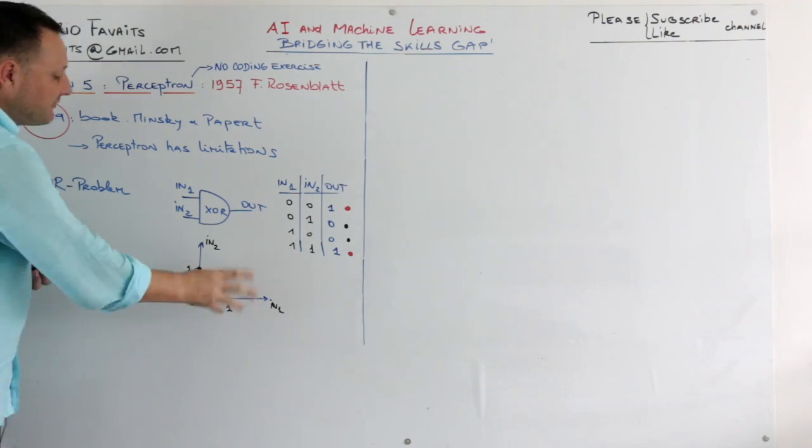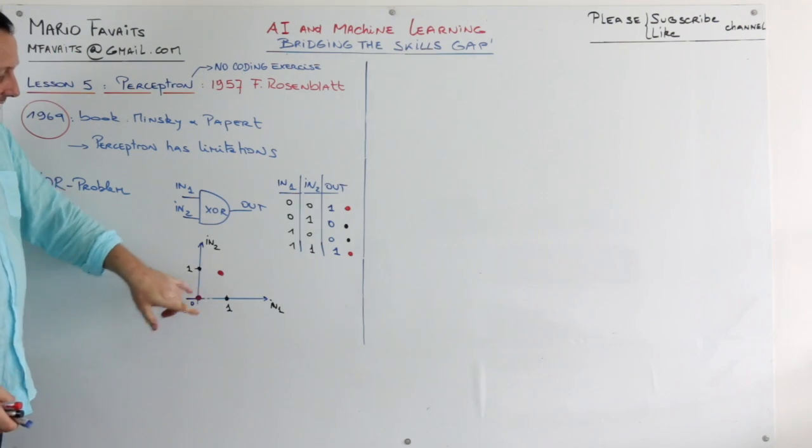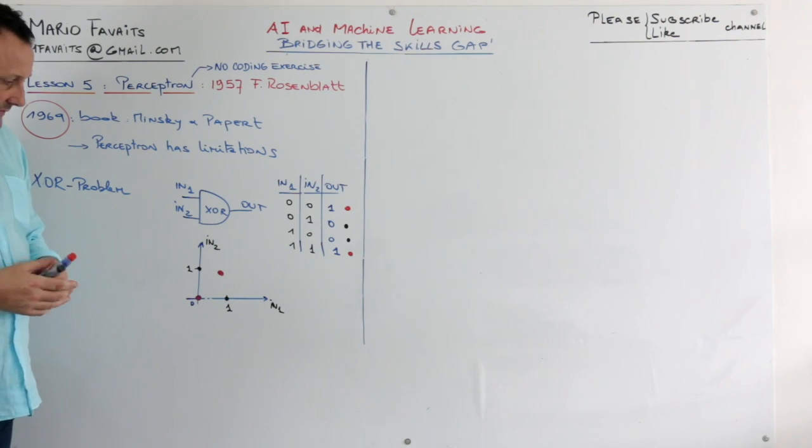Now you can do whatever you want. You cannot find a line that separates the black dots from the red dots. It's just not possible.